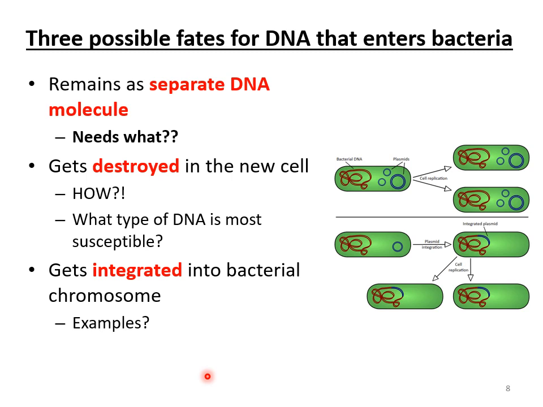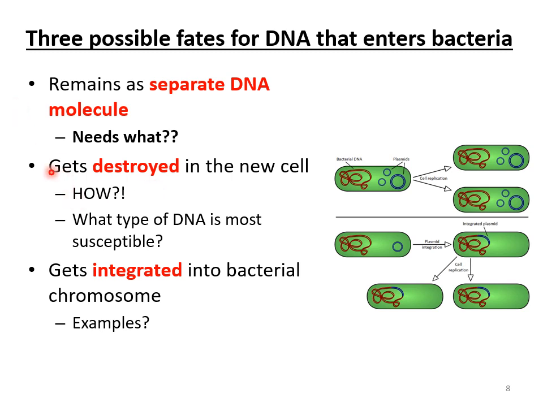So now once you've had gene transfer, meaning once you've had new DNA enter the bacteria, there's actually three possible fates for that DNA. The first one here is that that DNA can basically stay as a separate DNA molecule and still do good things for that cell.